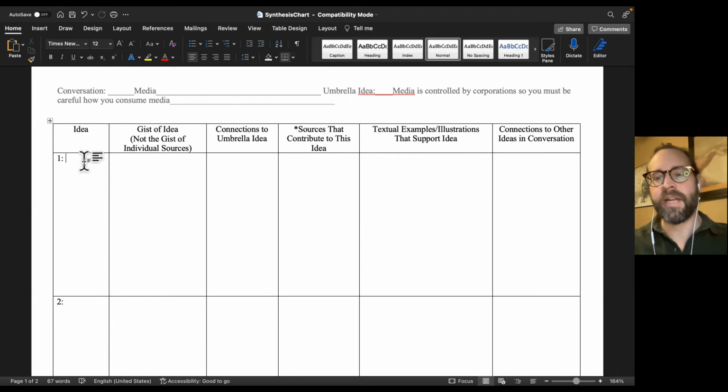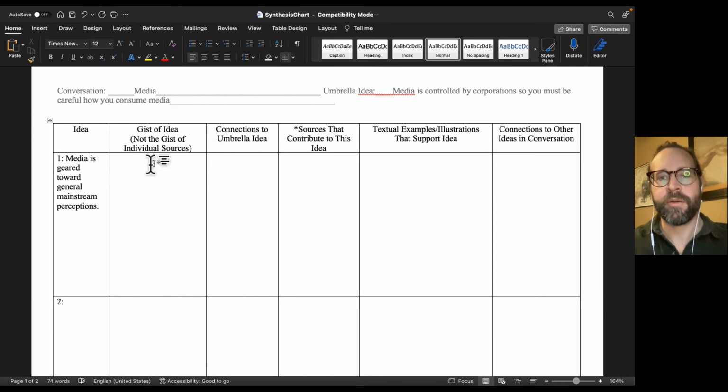So let's say an idea that you've noticed comes up in your articles is that media is geared toward general mainstream perceptions. Okay. So that's the idea, right?